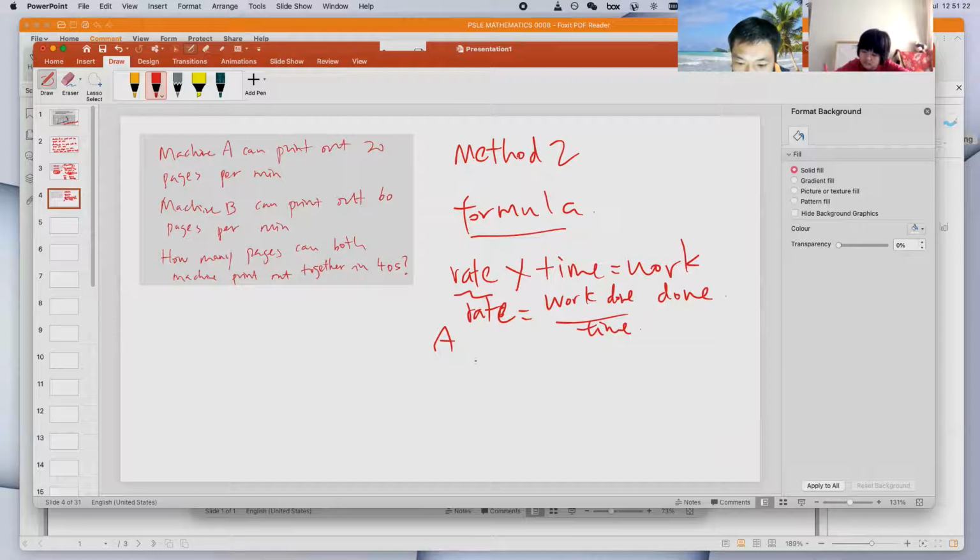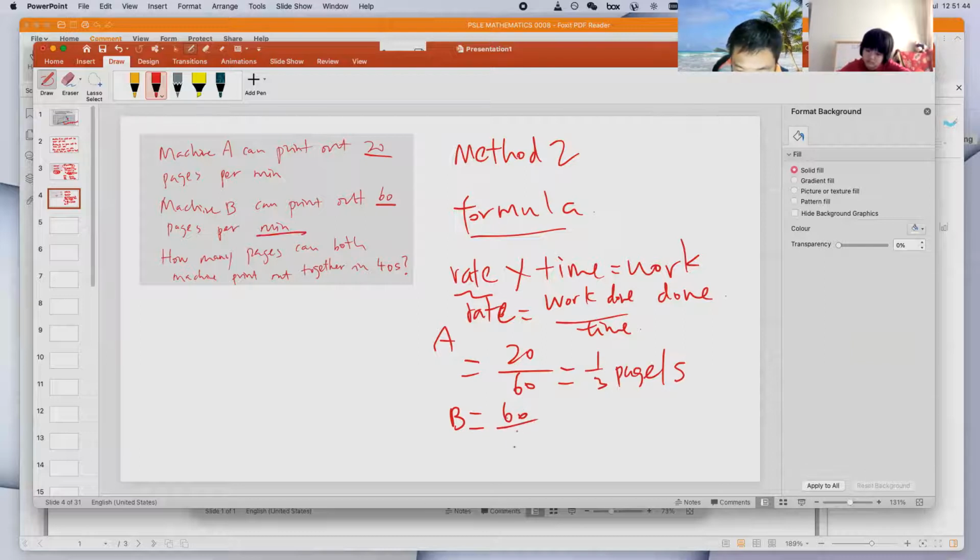The work done is 20 pages per minute, and per minute is 60 seconds, so this is 1/3 page per second. For B, the work done is 60 pages, the time is 60 seconds, so it's 1 page per second.